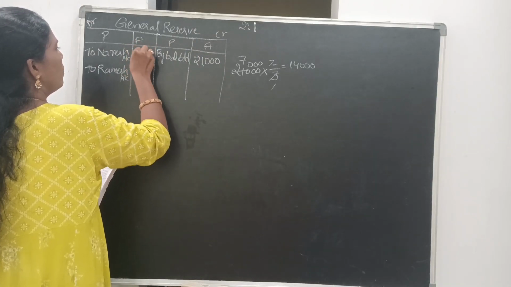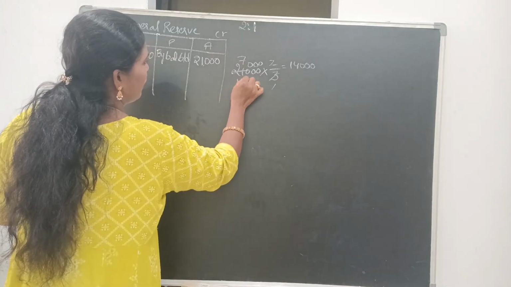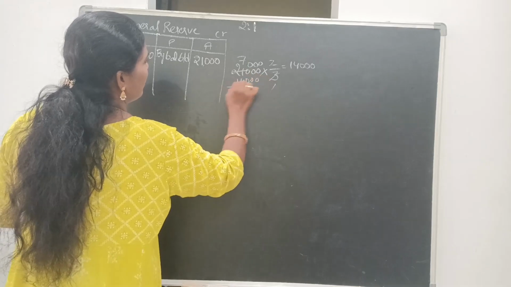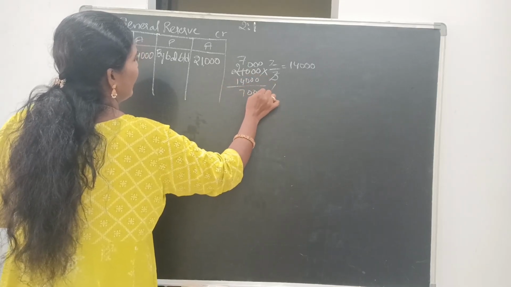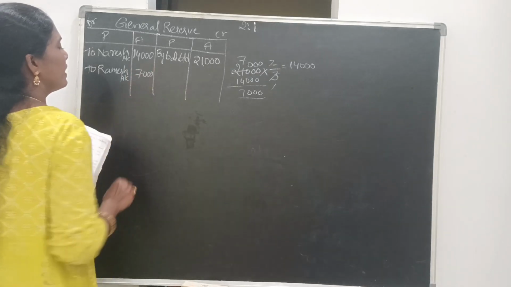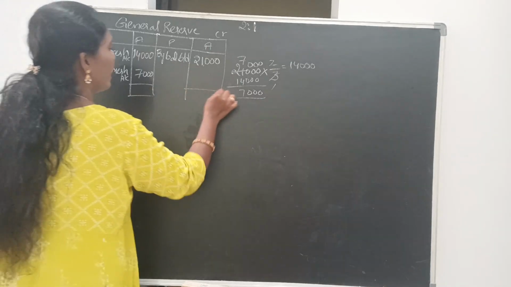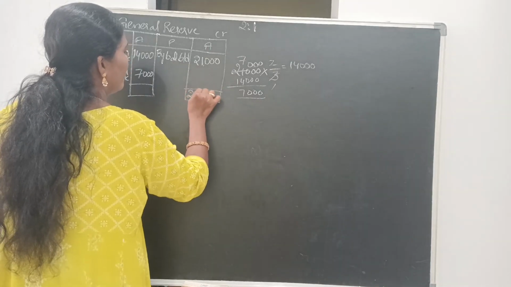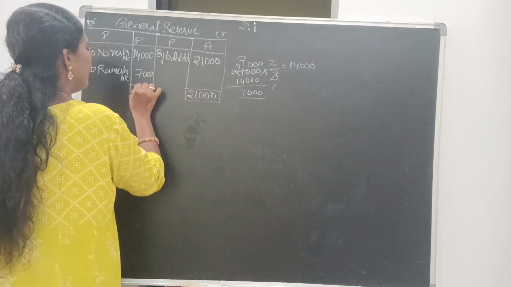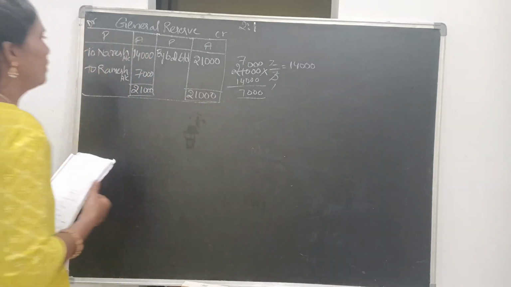As I told you, deduct 14,000 from 21,000 so that you will get the second partner's share. So 7,000 is the second partner's share in general reserve. Just close the account: 21,000 and 21,000 on both sides. This is the general reserve account.